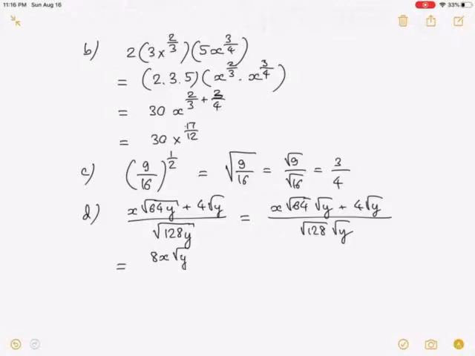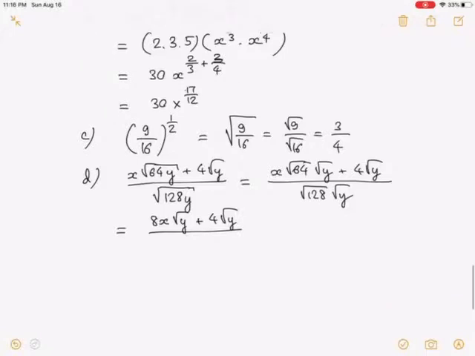So square root of 64, this is 8, so this is 8x square root of y plus 4 square root of y. And here, square root of 128, we write it as square root of 2 times 64 square root of y. So here this is 8x plus 4 square root of y.